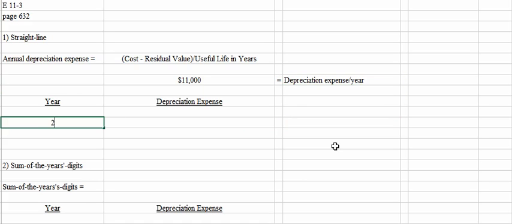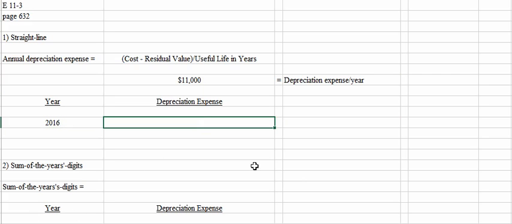So for 2016, our depreciation expense would be the $11,000 if it were a full year in 2016. But it's not. It's only 3 months in 2016, so we're going to multiply that full year's depreciation by 3 divided by 12.